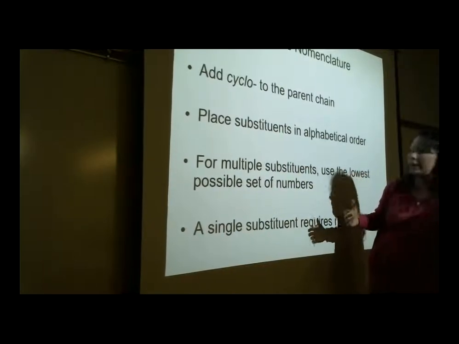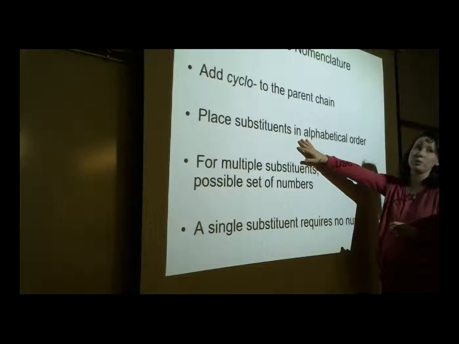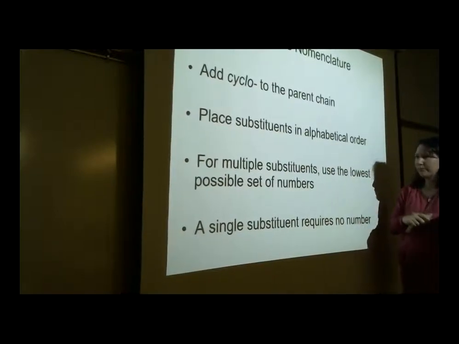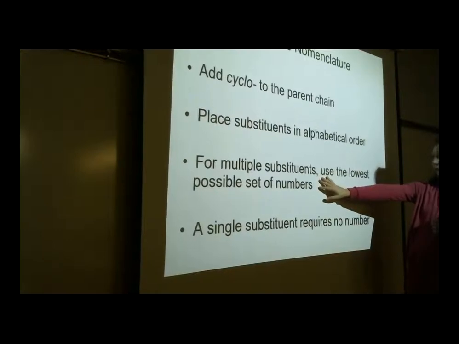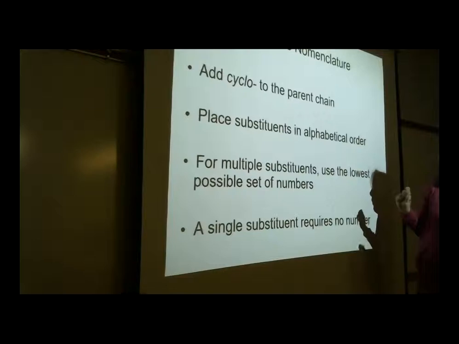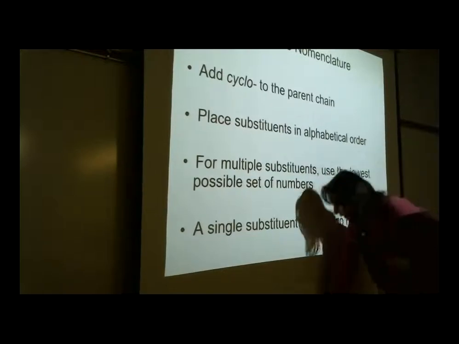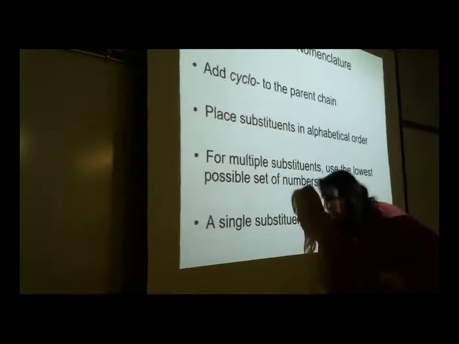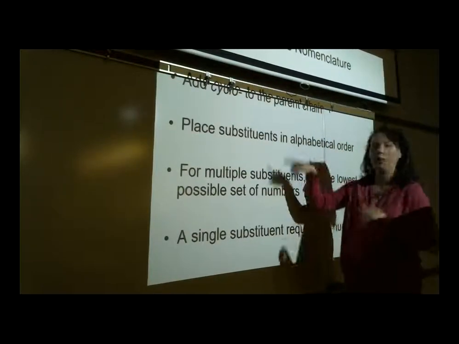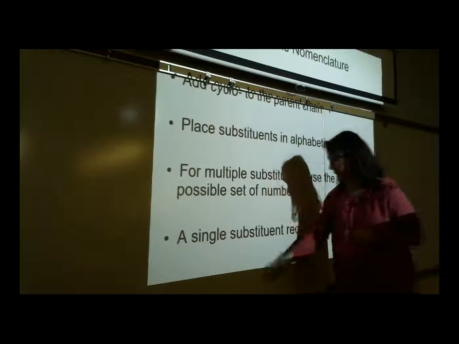Just like we did when we named alkanes, we're going to put our substituents in alphabetical order. So ethyl comes before methyl. If you've got multiple substituents, we're going to use the lowest set of numbers. What I mean by that is, since this is in a ring, you can number clockwise or counterclockwise.